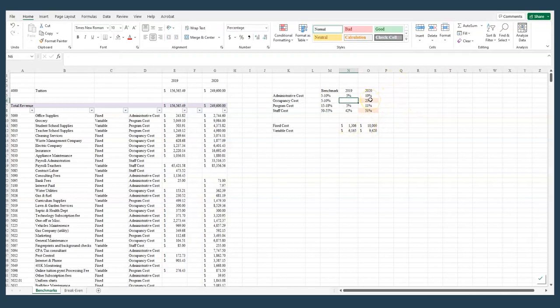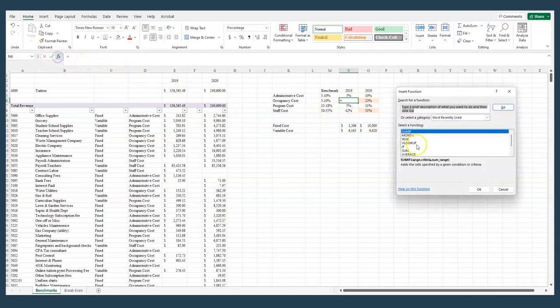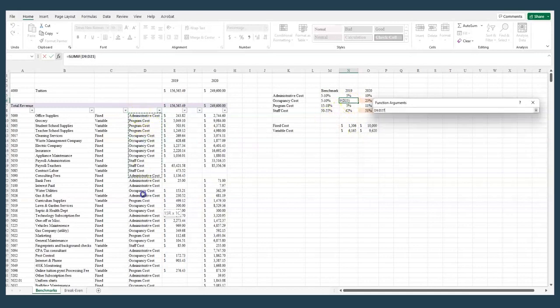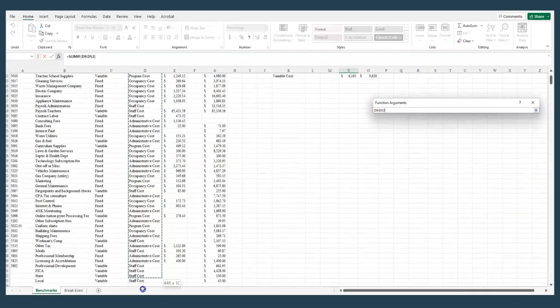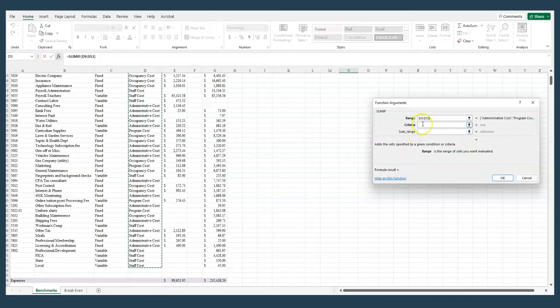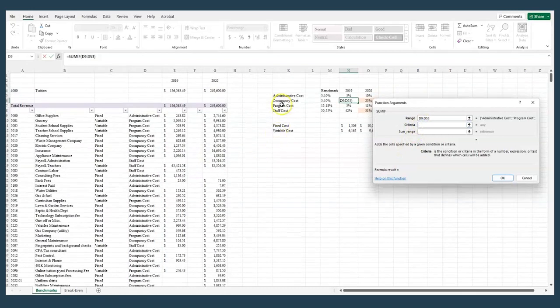So again, if we're building out these formulas, we're going to go to FX, we're going to go to SUMIF. The range that we want to look at is where the tags are, where the categories are. The criteria for this one is going to be occupancy, and so we can just click on that K6, it'll say occupancy.